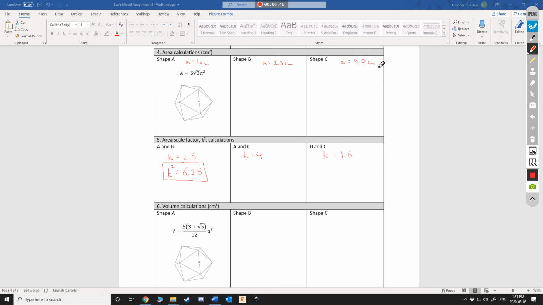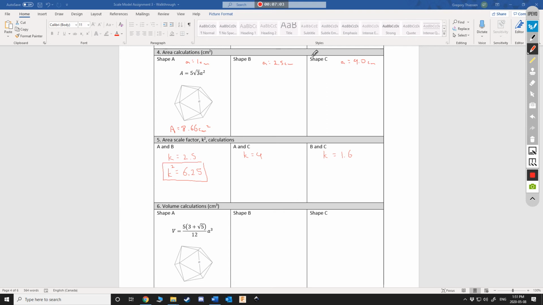Okay, so let's plug that in. I get 5 multiplied by the square root of 3 multiplied by 1 squared. So for this first one, we found the area is equal to 8.66 centimeters squared. Let's do that exact same equation for the next one.